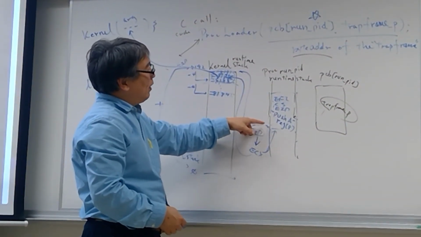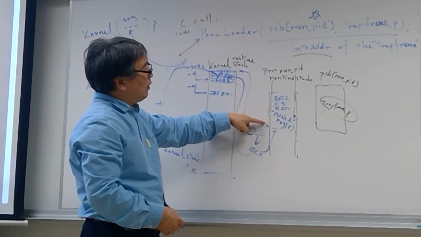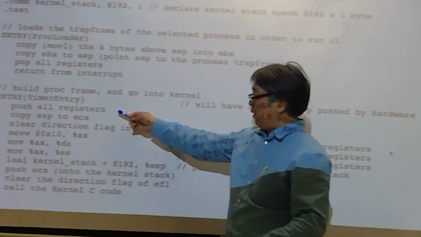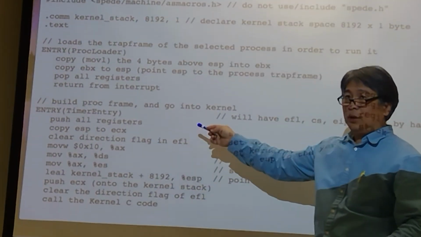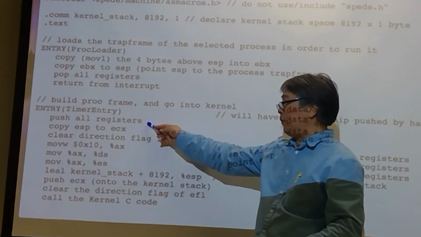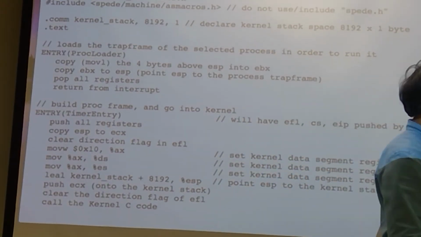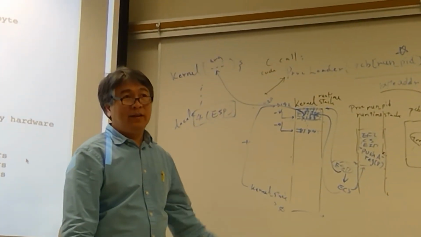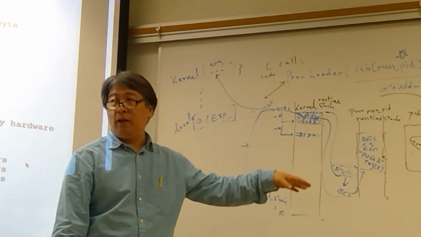And it was the traffic pushed at the beginning of here. Hardware pushes the EFL, CS, IP first, then the software starts from here. Does that make sense?